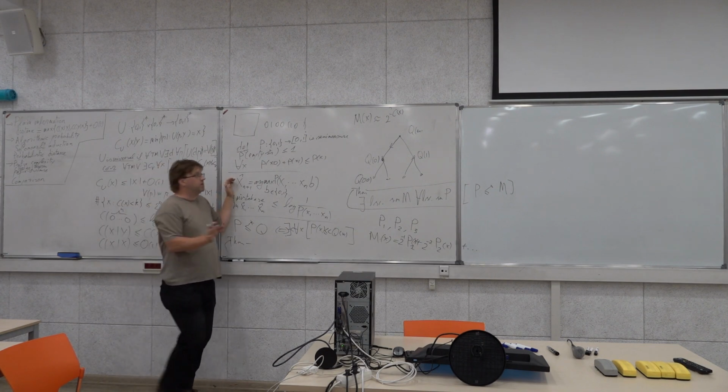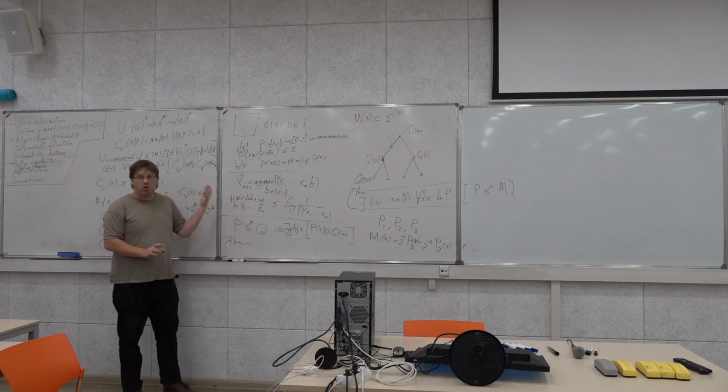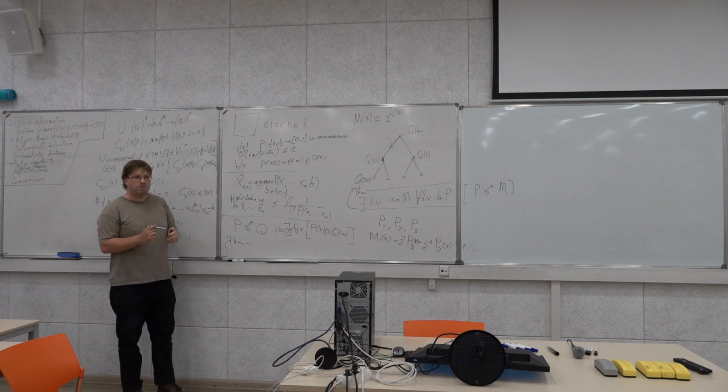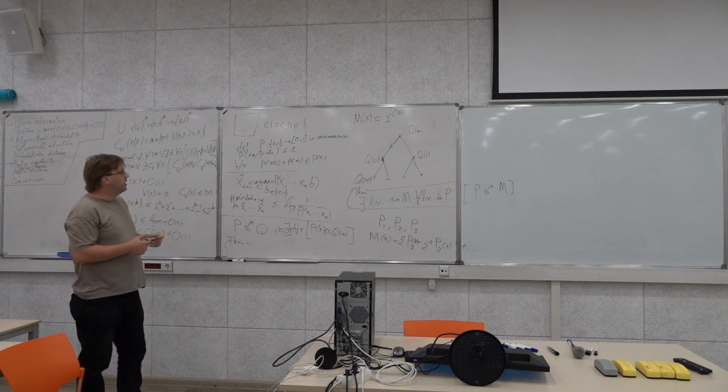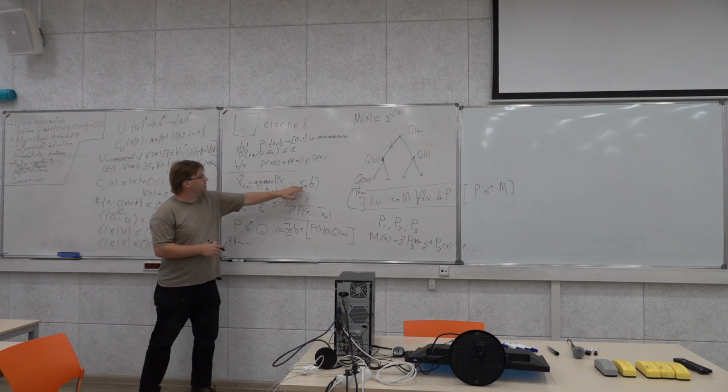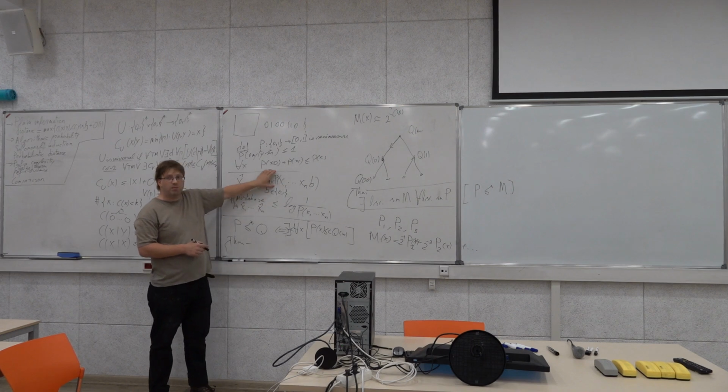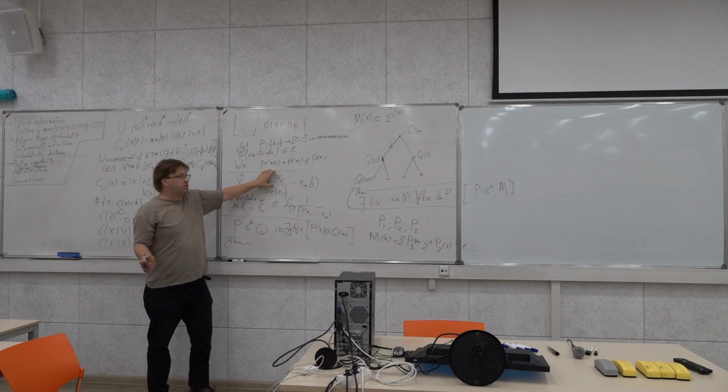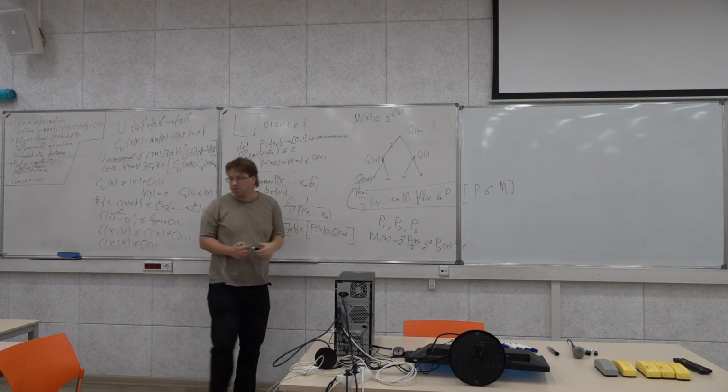So strings with short descriptions will be more likely according to this semi-measure, and hence we will make fewer mistakes on them. So this is what people call Occam's razor.